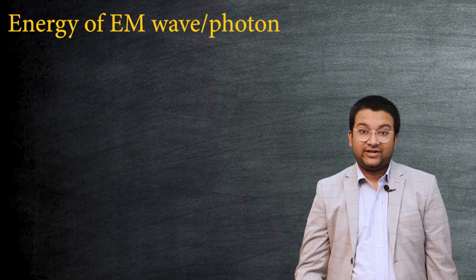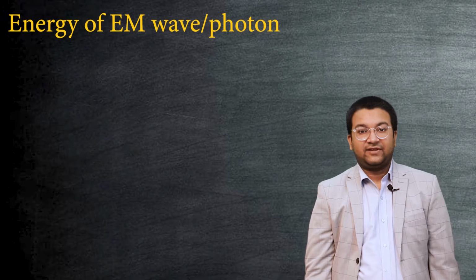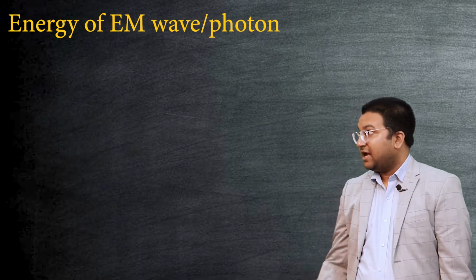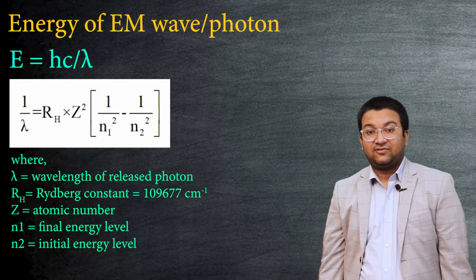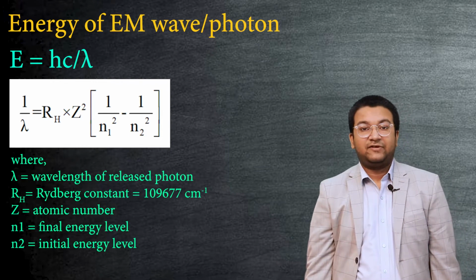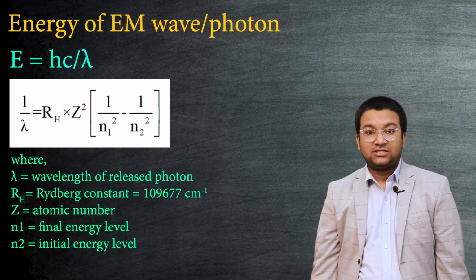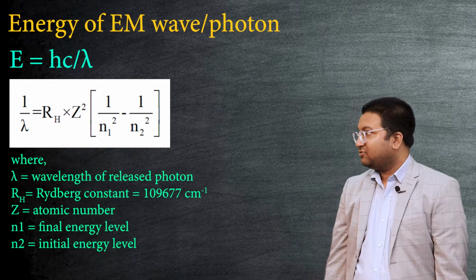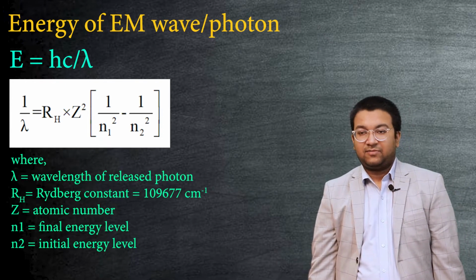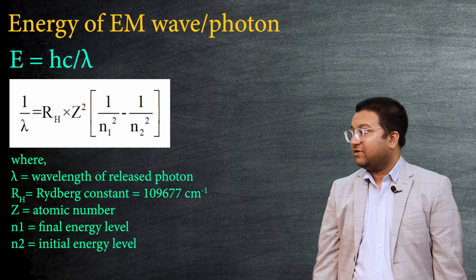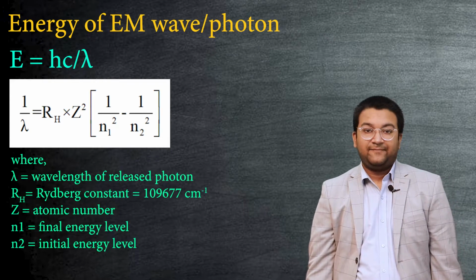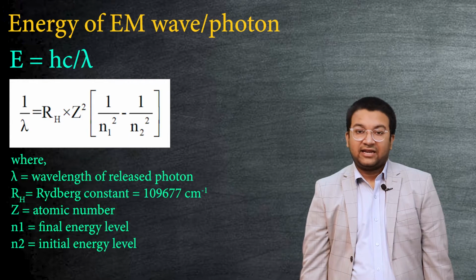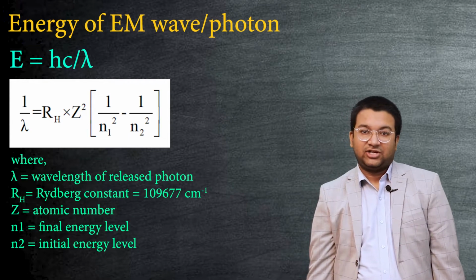Now the energy of any photon released during this spectrum is given by this formula. The wavelength is taken as lambda, so 1 by lambda equals RH, which is called the Rydberg's constant, into Z square, where Z is the atomic number, into 1 by N1 square minus 1 by N2 square, where N1 is the final energy level and N2 is the initial energy level.